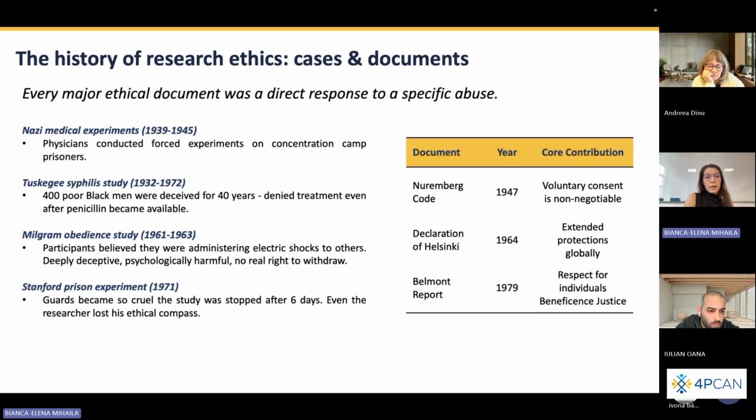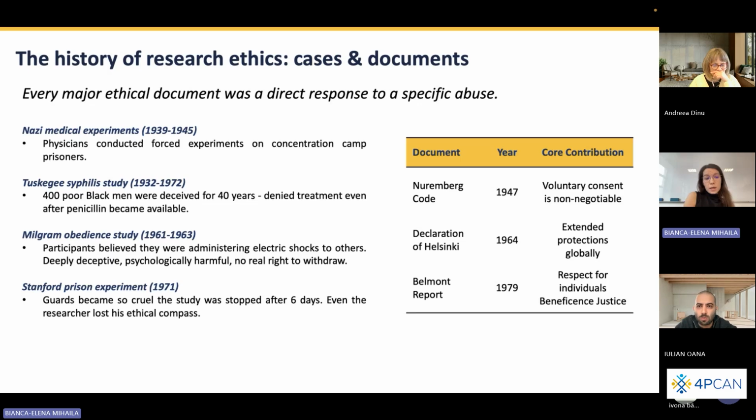In the Milgram study, participants believed they were administering electric shocks to others, and this created psychological distress and psychological harm to the people involved in the experiment, with no real right to withdraw.